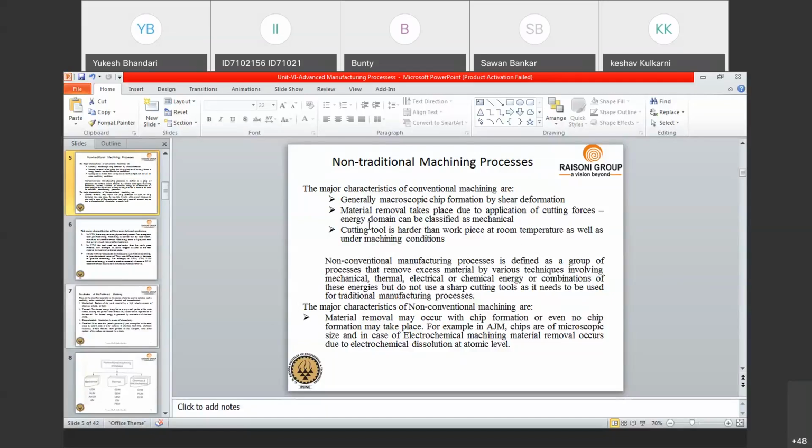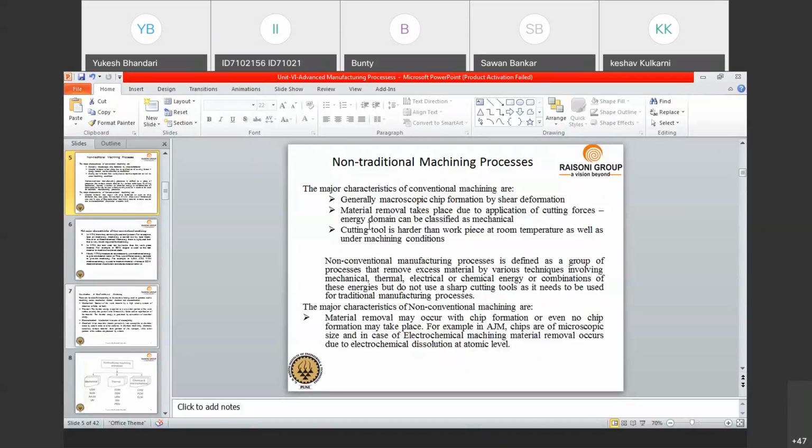So in non-conventional machining processes, we use non-conventional energy sources, maybe mechanical, thermal, electrical or chemical, or a combination of these.